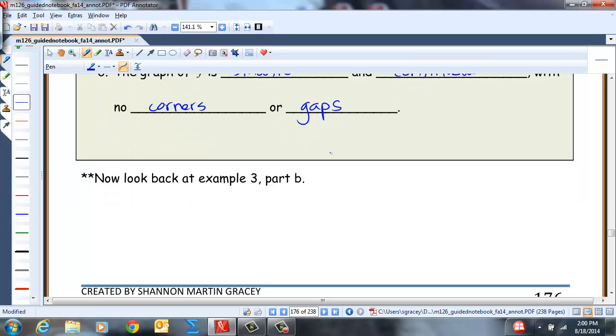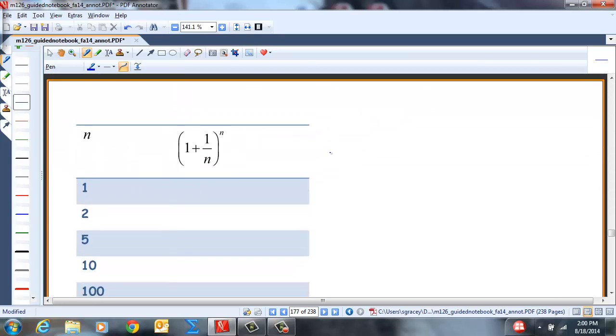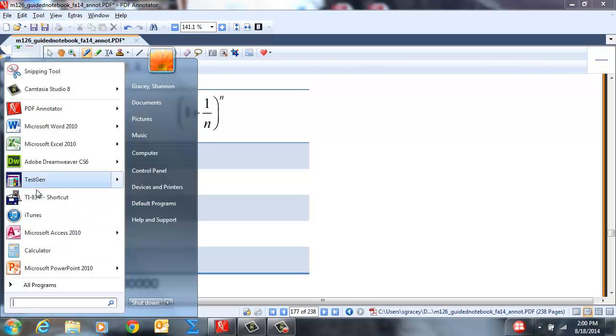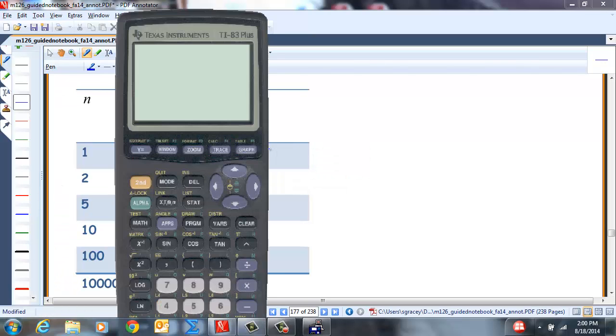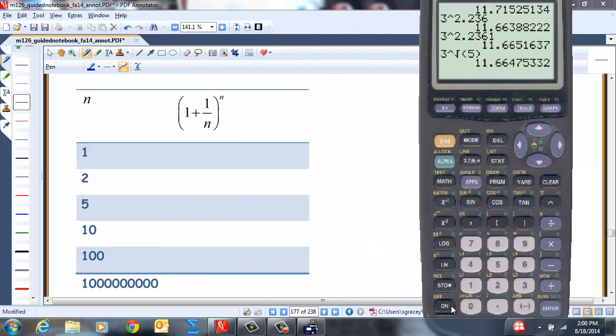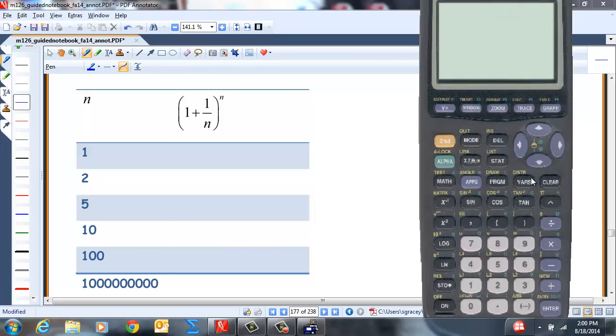And so we've already looked back at example 3, part B. Okay, so let's check out this situation here. So let's get our calculator back up. If you look here, we're going to be considering this expression here. 1 plus 1 divided by n, and we'll do the first one first.